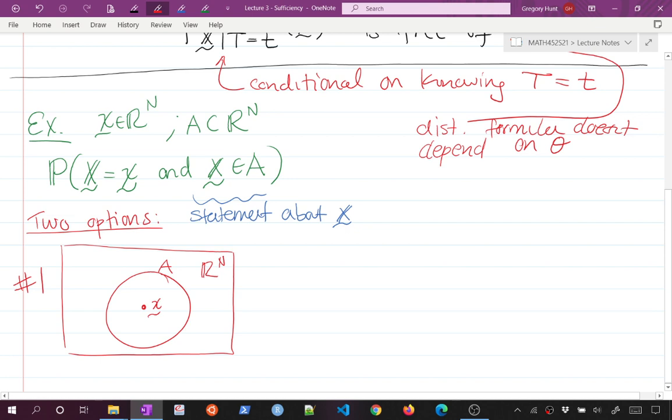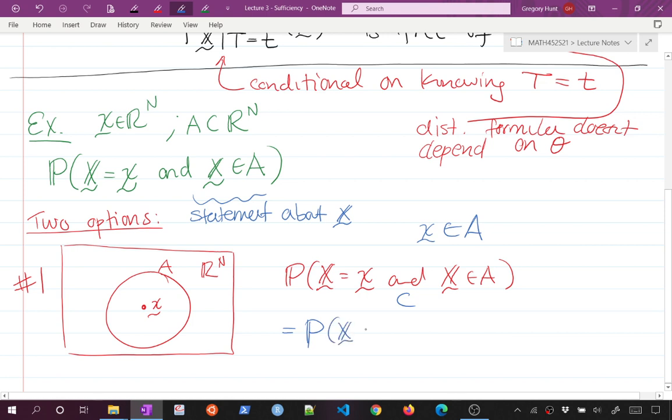In this case, my probability statement that X is equal to little x and X is in A is kind of redundant, because as it turns out, little x is an element of A, and so basically the first event is a subset of the second event, and so you can basically ignore the second thing.